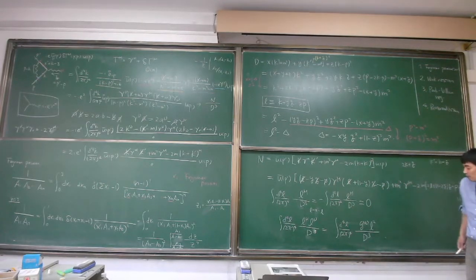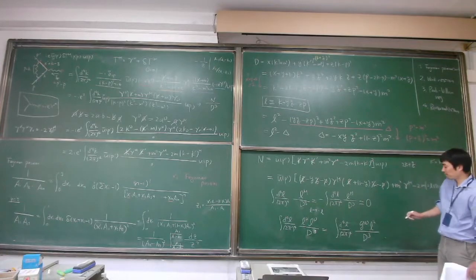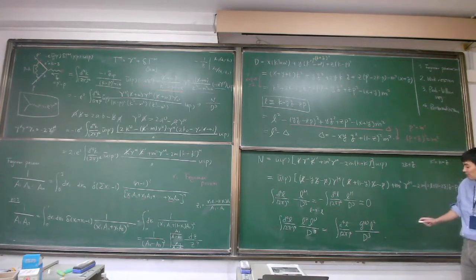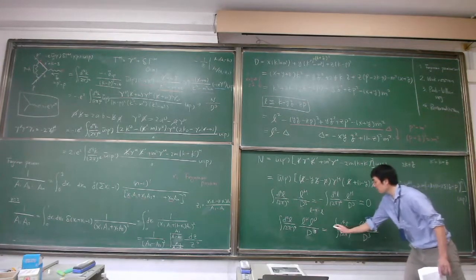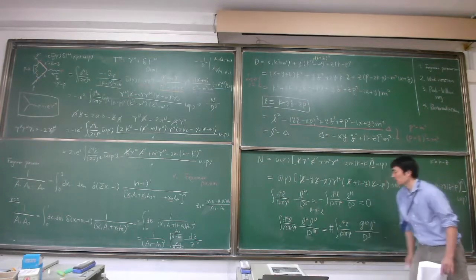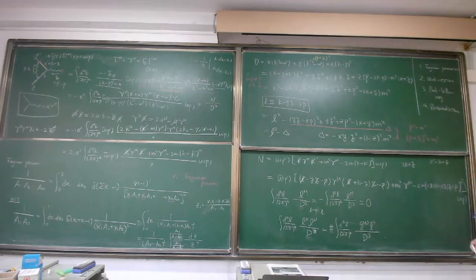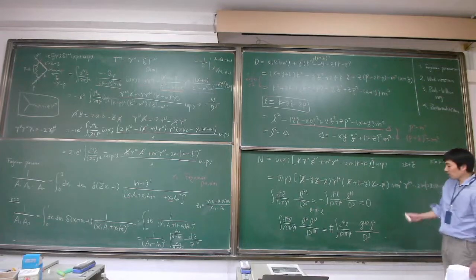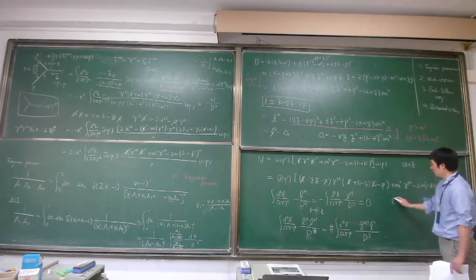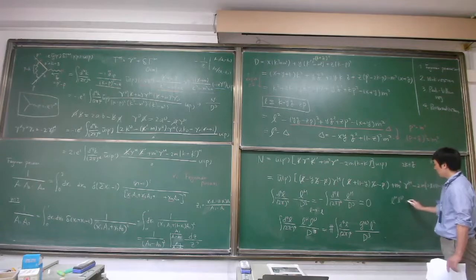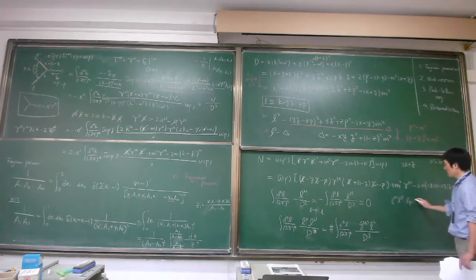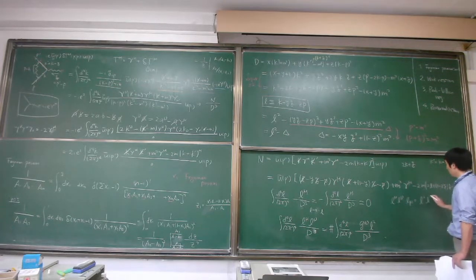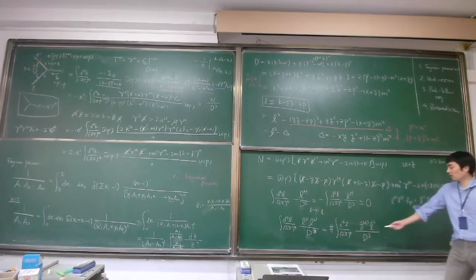Why that? Let's look at that, and there's some constant. So why that? If you contract with L nu, dot L mu, you should get L square L mu. Okay? And here also the same.